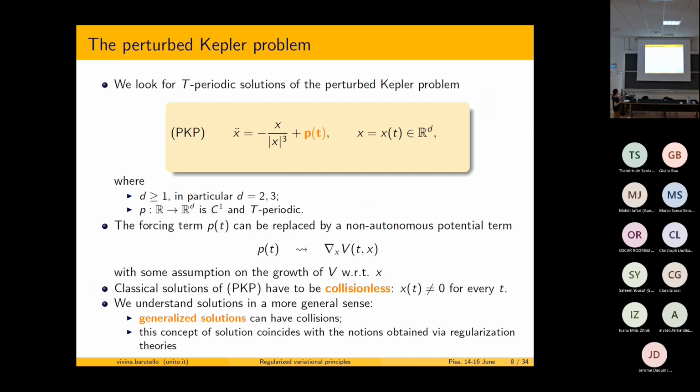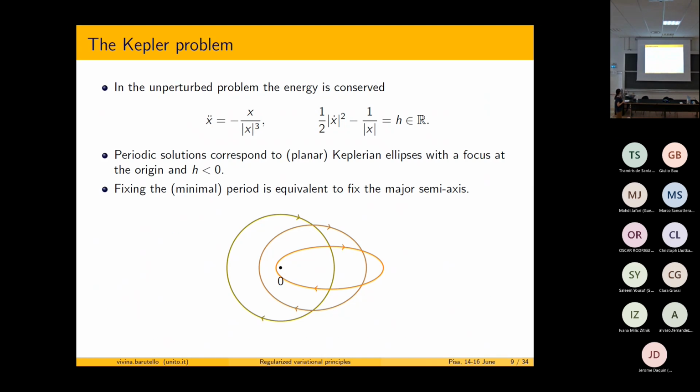It is something very natural because it's a concept that comes from the regularization. So just think of the Kepler problem with a fixed energy and so semi-axis. Okay, I also fix the direction of the semi-axis. The energy is negative, ellipses.